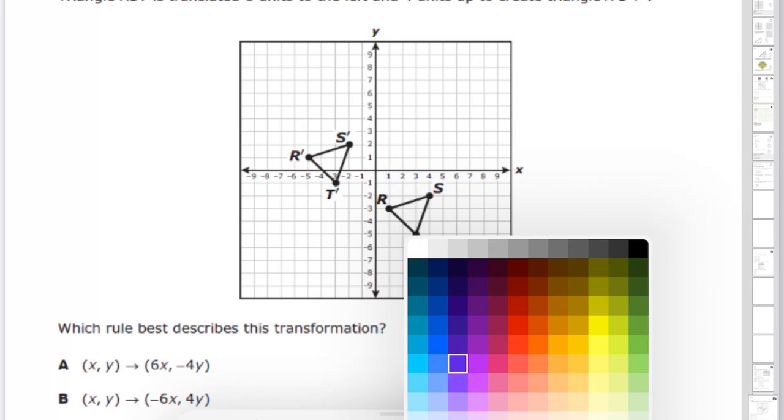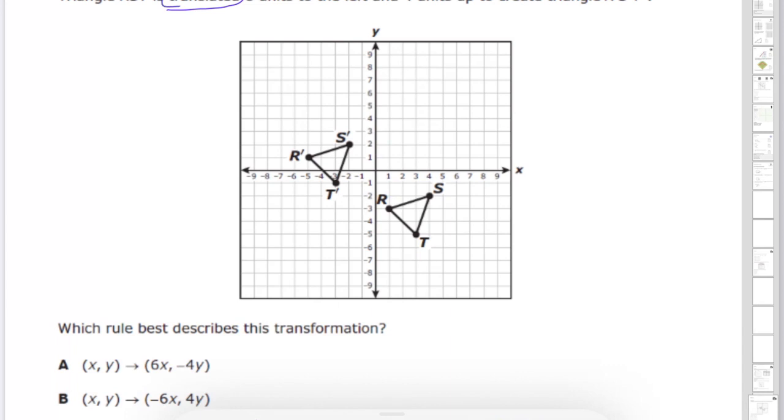So first keyword I noticed was translated. And if I remember correctly, translated means to slide. So I already know that my shape is going to be sliding. And then I see that it says it's going to move 6 units to the left and then 4 units up.